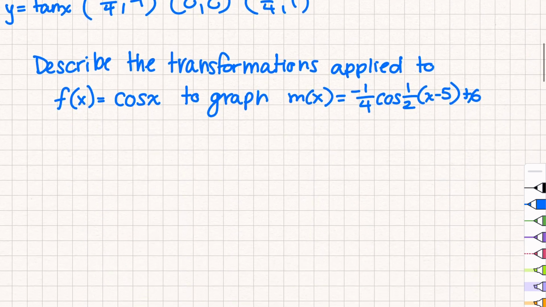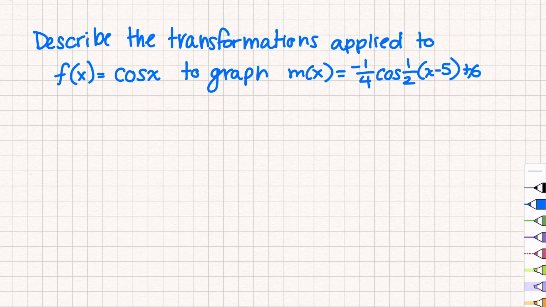So we're going to describe the transformation that's applied to cosine. So we have m of x equals negative 1 over 4 cos of 1 over 2 times (x minus 5) plus 6. So the first thing we notice here, there is a reflection on the x-axis.